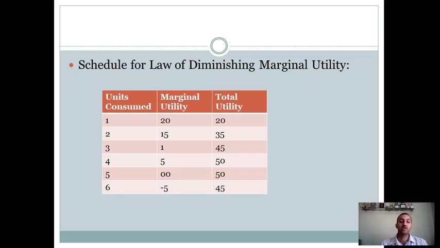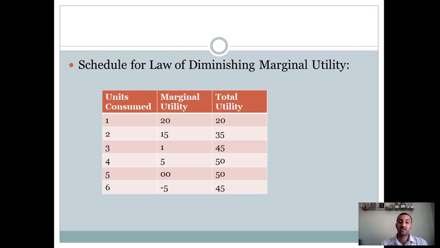When a person consumed the first unit of apple, he got 20 utils of utility, and the total utility was 20.